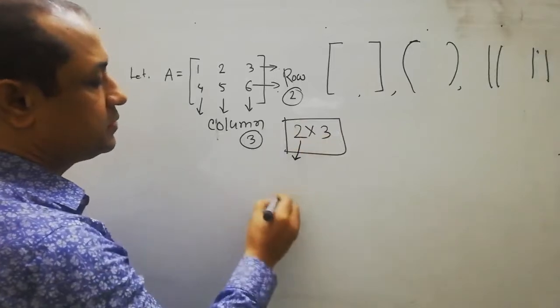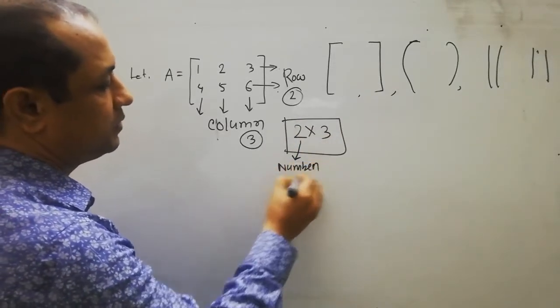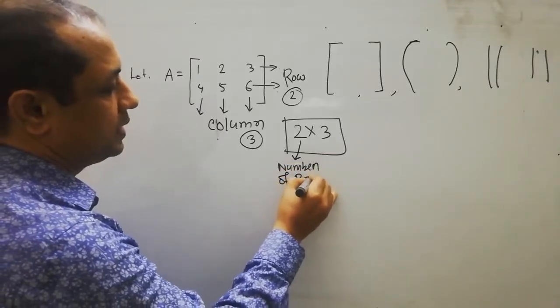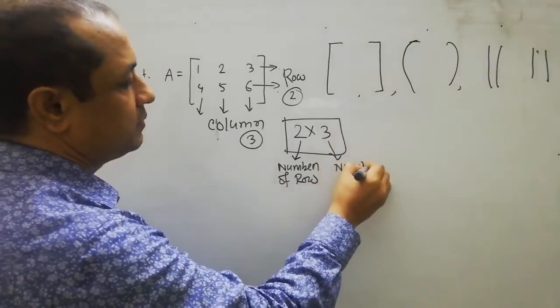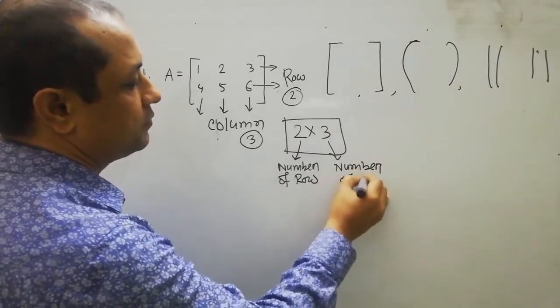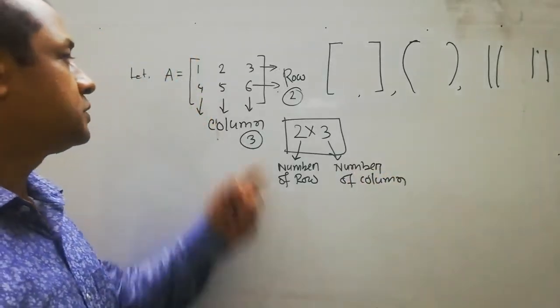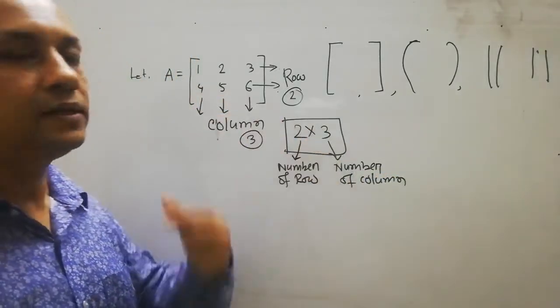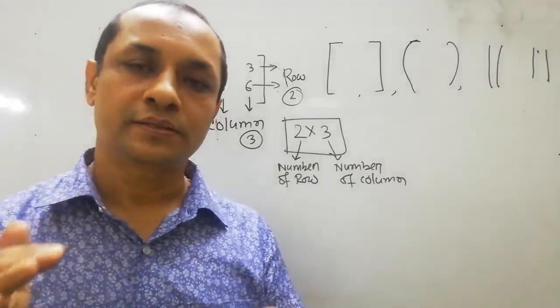The first number denotes the number of rows, and the second number denotes the number of columns.